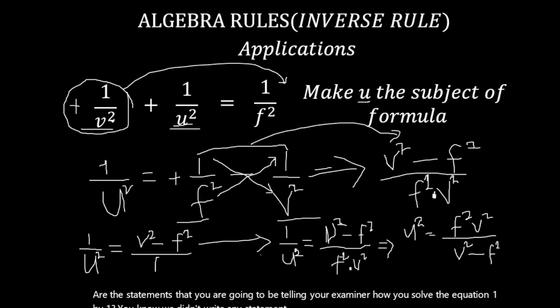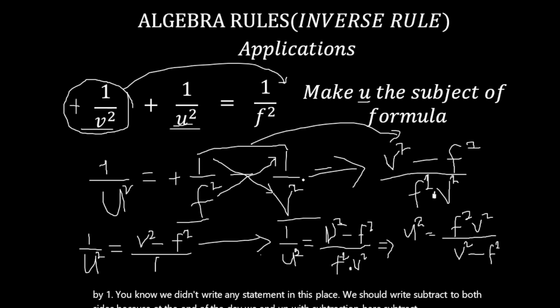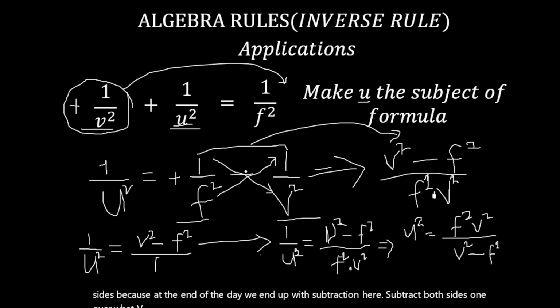We should write subtract to both sides, because at the end of the day we end up with subtraction here. Subtract to both sides 1 over what? V square. So you write the statement, then you write the equation; whatever you want to do, you write it first before you write the equation.